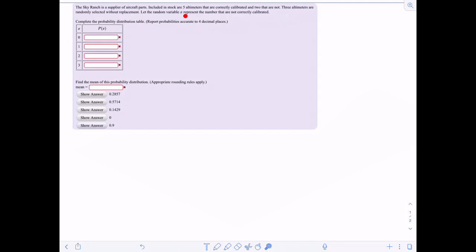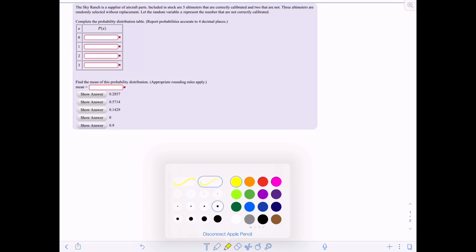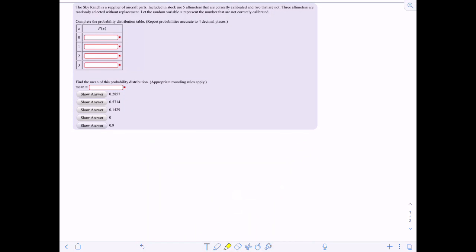Let the random variable x represent the number that are not calibrated. So the random variable is the number that represents not calibrated.